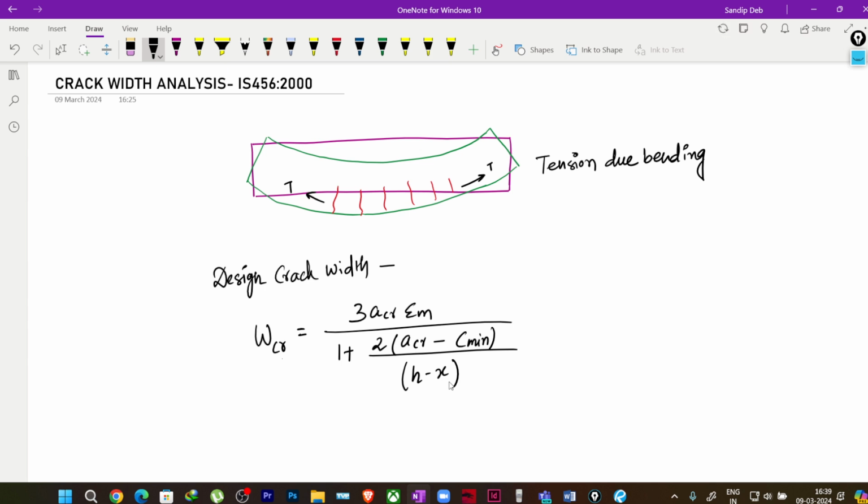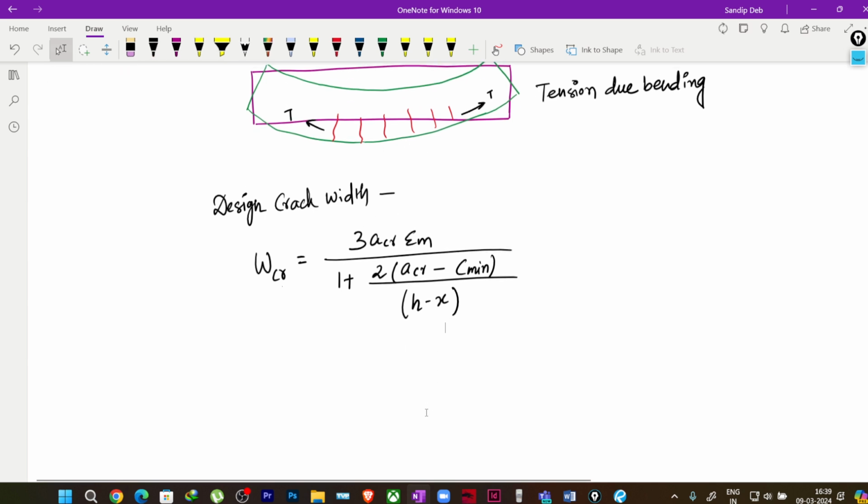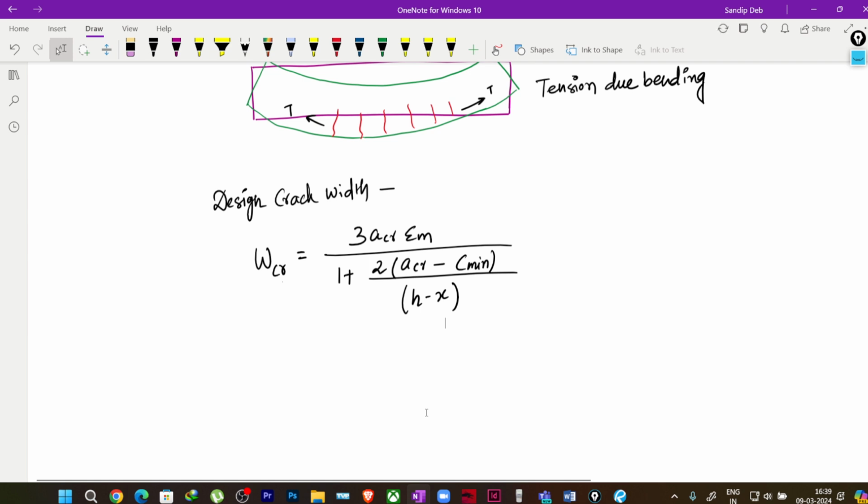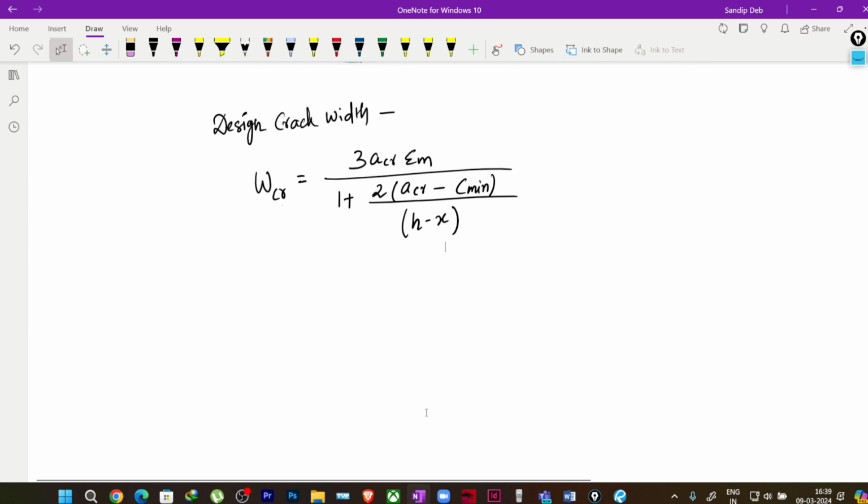Now what are these terms that we need to understand first? Suppose we take one section. Let me draw a section here.